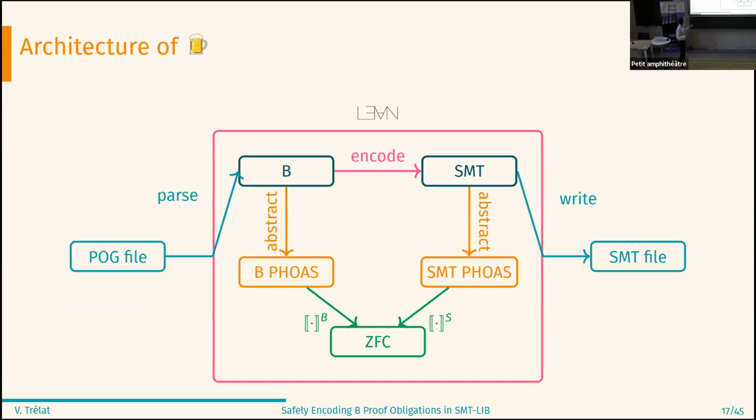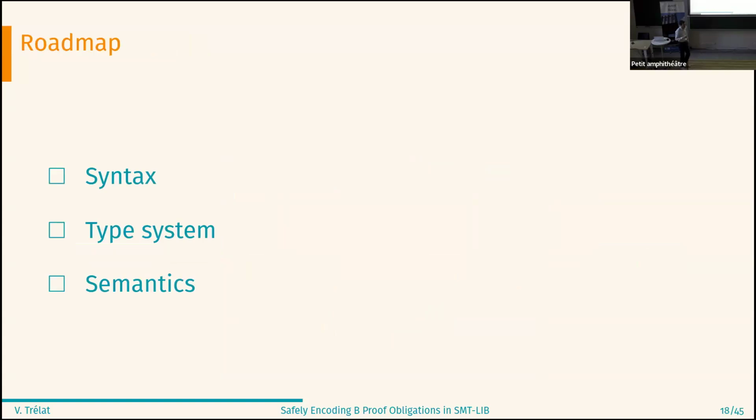So let's start with the syntax. So I presented just the top layer. Now we are going to dive into the abstractions. And this is the roadmap: syntax, type system, and semantics.